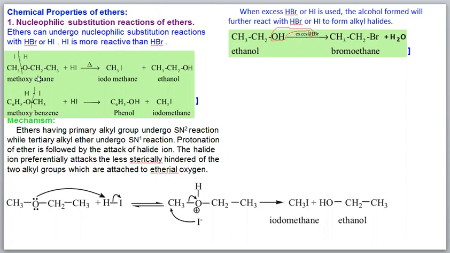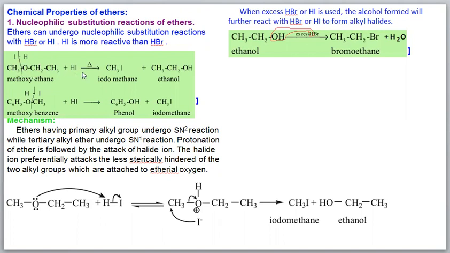For example, ethyl methyl ether or methoxyethane. In this case, the ethoxy group is displaced by iodine. Ethoxy group is removed, and iodine is joined.